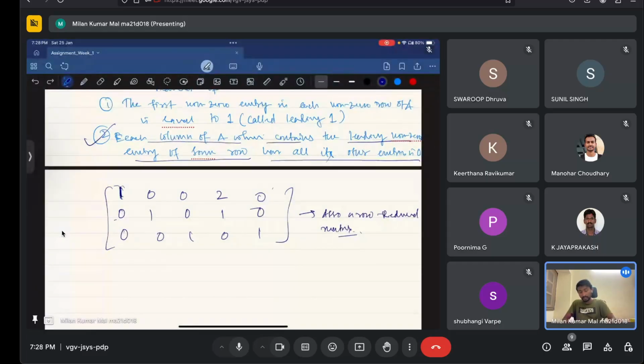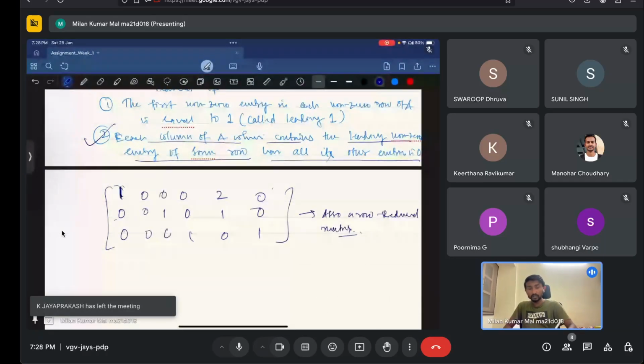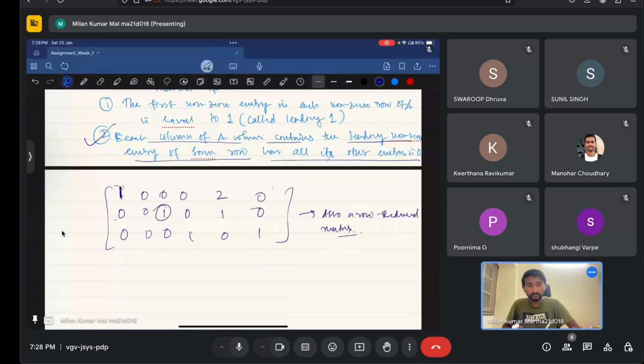At least it can be here, it can be here also. For example, we can write it this way: 0 0 0 0 1 0. The first non-zero entry of the second row is here, right? The first non-zero entry need not be at the 2 2 position, that is not necessary. Okay, just 1 minute.